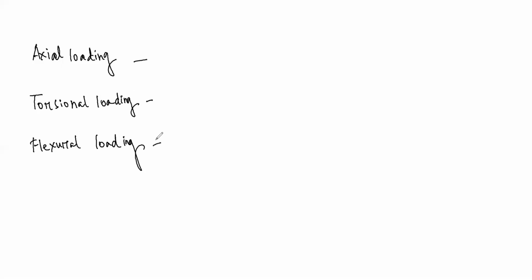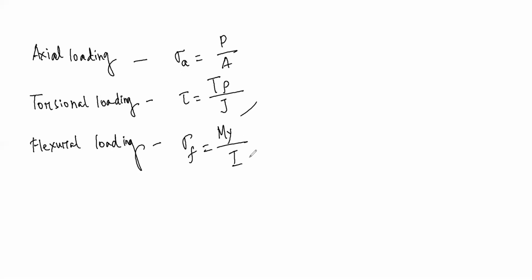For axial loading, the stress that accompanies it is sigma A, which is force by area. In case of torsional loading, the torsional stress comes like this. And then comes flexural loading. The stress that comes with this is My by I or Mc by I, whatever it is.